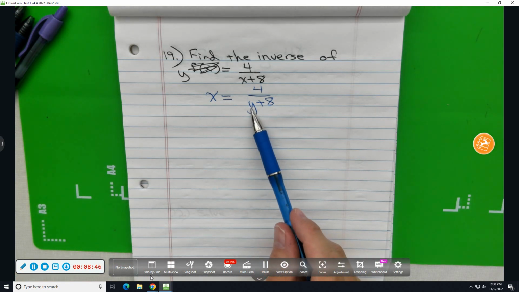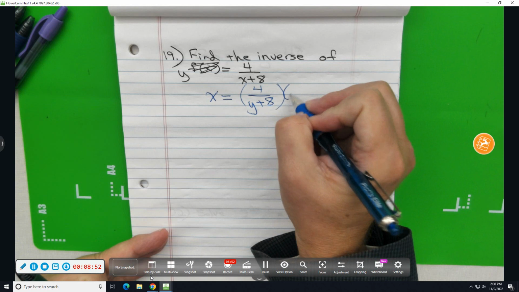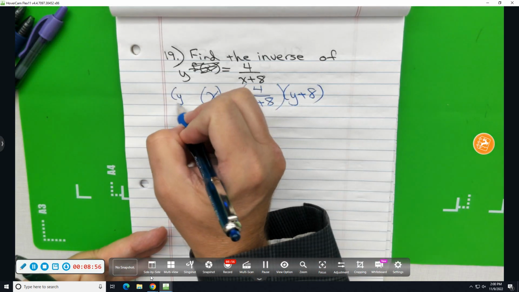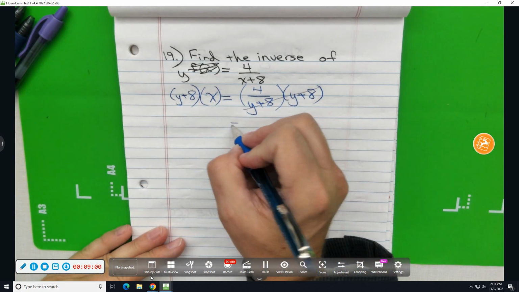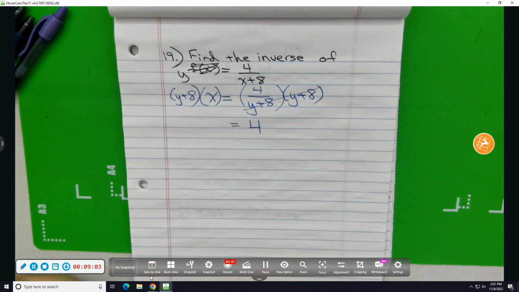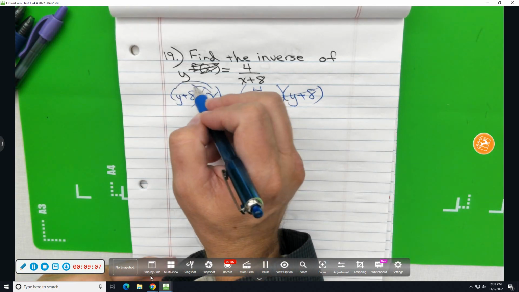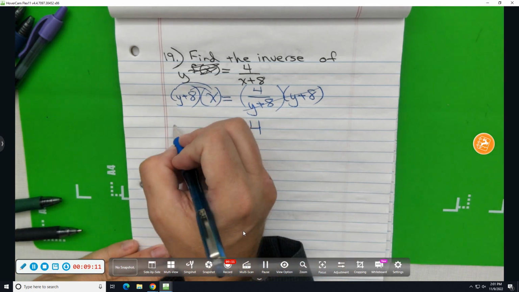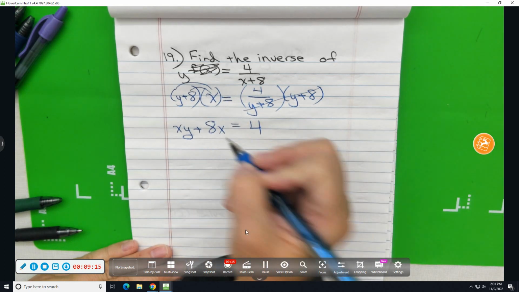Well, to solve for y, we need to get that y out of the denominator, so we're going to multiply both sides by the denominator, y plus 8. That'll give us 4 on the right side, and on the left side, distribute the x, y times x, that's xy, plus 8 times x.